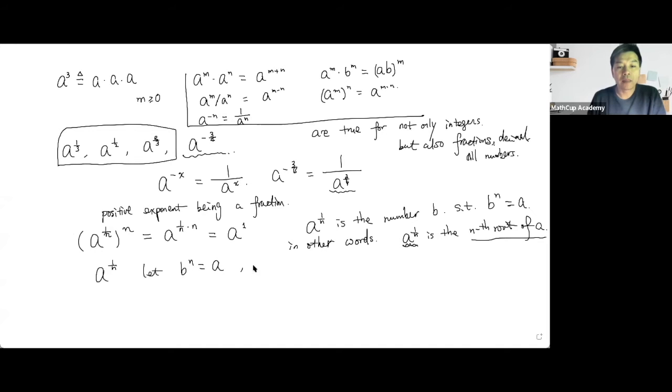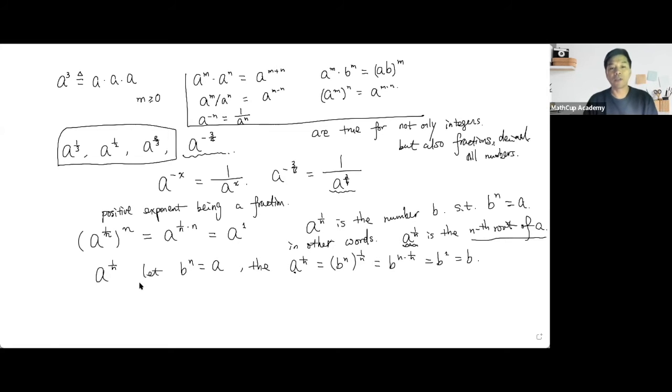Then a to the power 1 over n equals b to the power n, raised to the power 1 over n. It's going to equal b to the power n times 1 over n, which is b to the power 1, which equals b. So again, a to the power 1 over n is the number b such that b to the power n equals a.